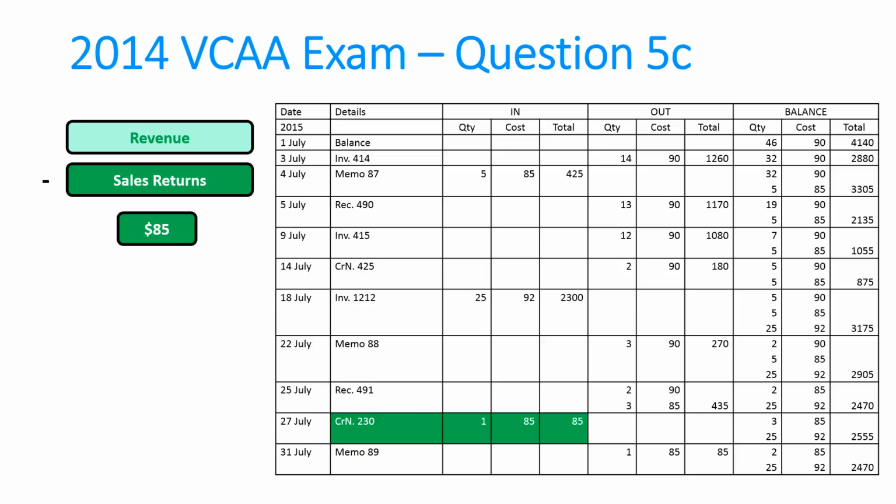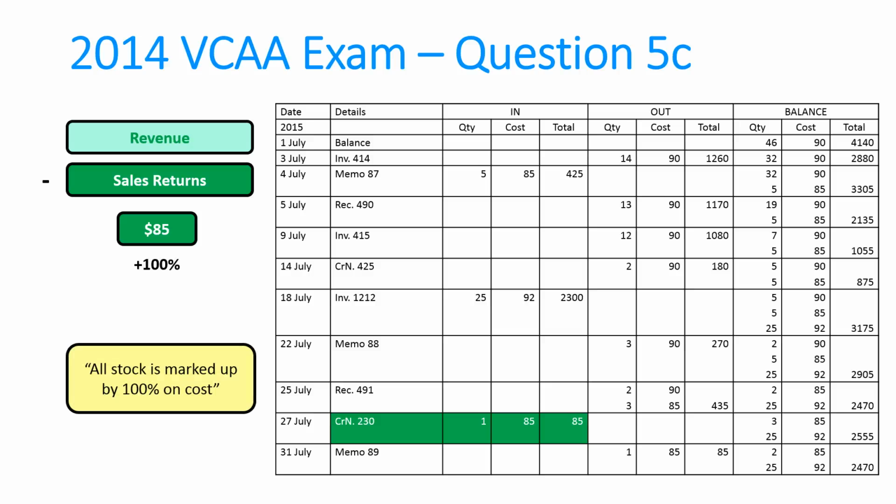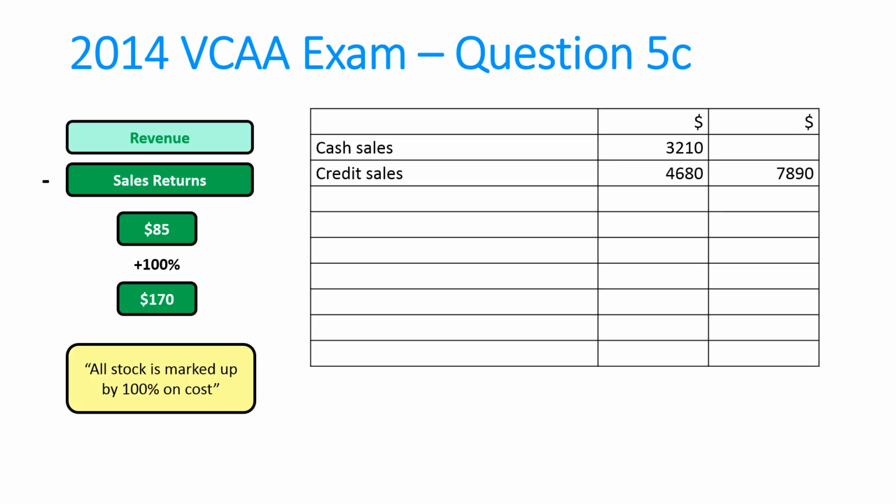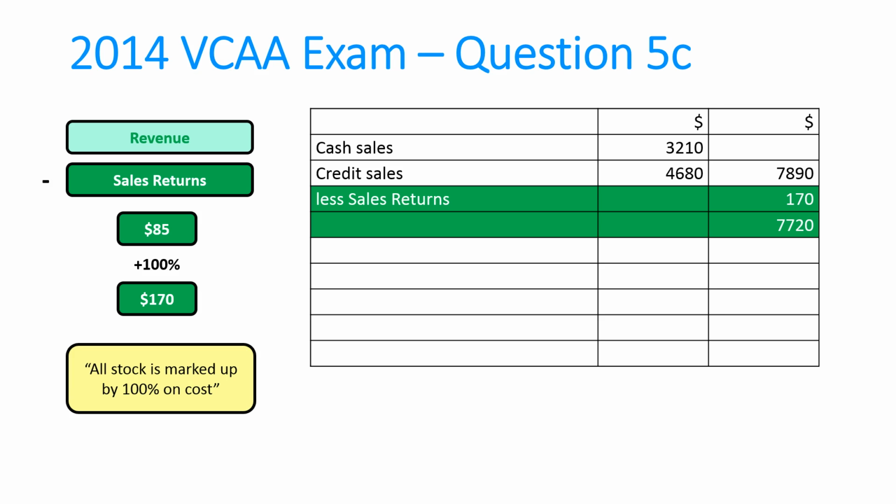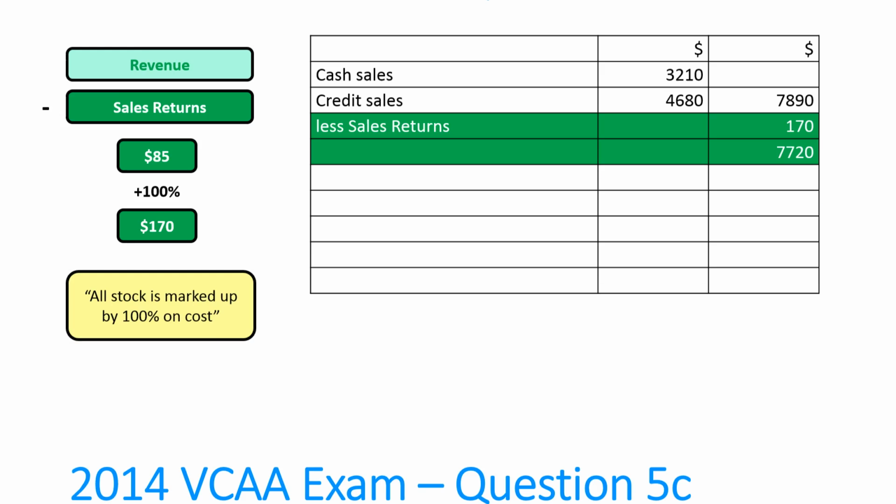So there's a sales return of 85, but that's the cost price. So we would have given the customer a credit of the sale amount, which is another 100%. So the customer would have got a sales return of $170. So we'll take the income statement we have so far, take out the sales returns, and that'll give us net sales of $7,720.